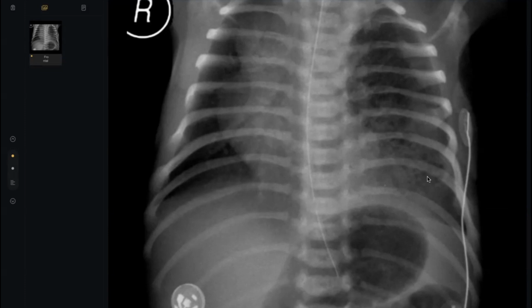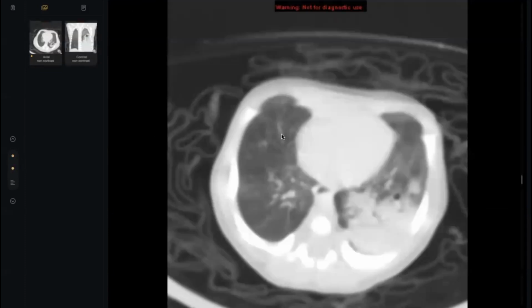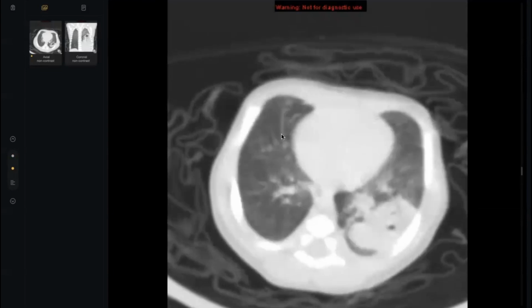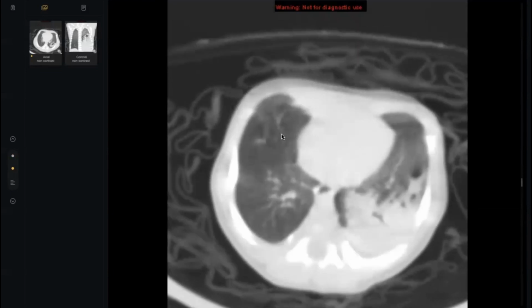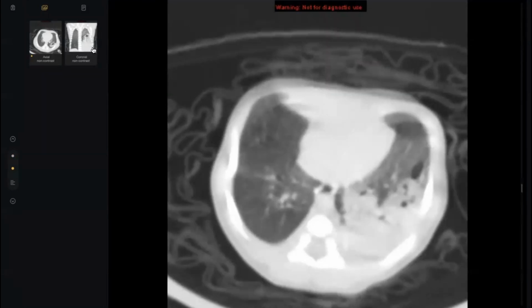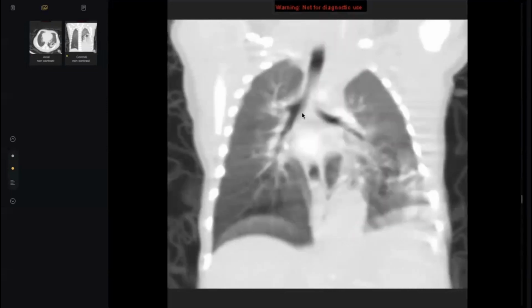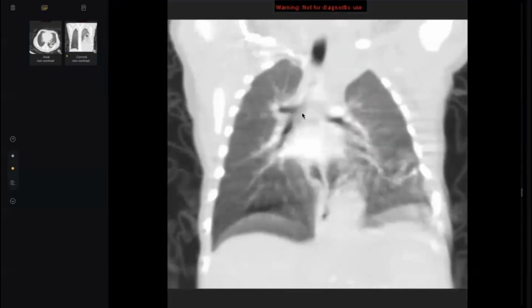If you look here, my colleagues, there are multiple small cystic changes inside it. Then by CT, it becomes very clear. Opacity with cysts.